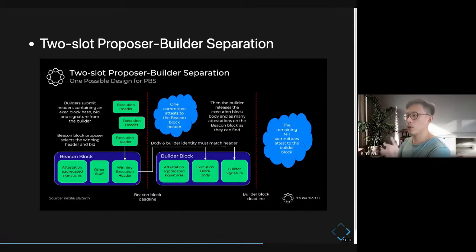So there will be 2 phases, and this kind of design will take 2 slots. The slot time now is 12 seconds, which means this design will take 24 seconds for validators to attest your transaction. So they also propose to reduce the slot time to 8 seconds, so there will be 16 seconds for this kind of scenario.